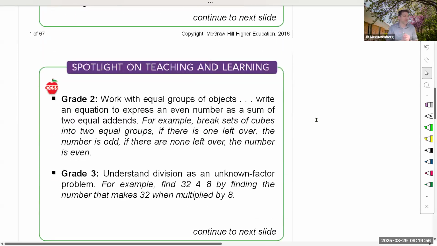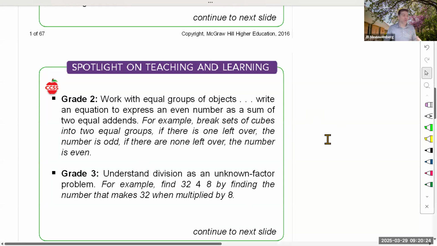Grades 2 and 3, you can see different things of algebraic thinking, working with equal groups of objects. You can start to write an equation using an equal sign. I like that example too about breaking sets of cubes into equal groups, and that's a way to tell if a number's even or odd. Those things are all developing the foundation for algebraic thinking.